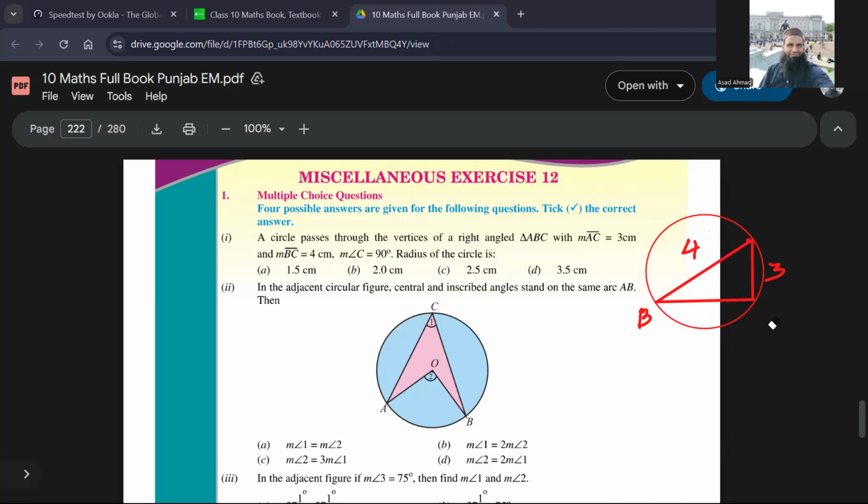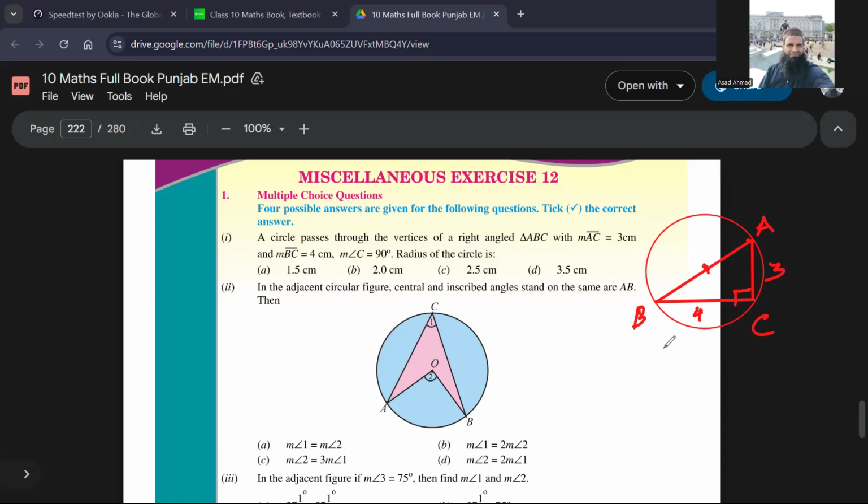Angle of 90 degree at point C. So we will take up C right here. A to C is provided 3 centimeter and B to C is provided 4 centimeter. Always remember that in this case, A to B will become the diameter of the circle.